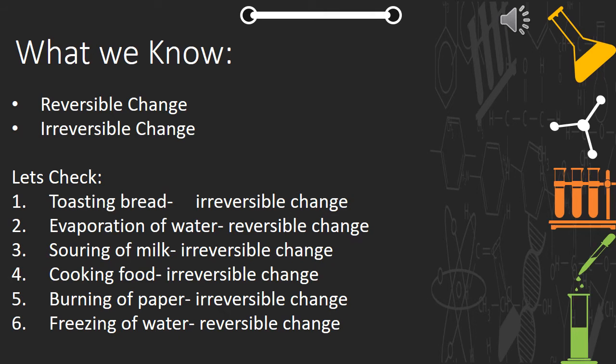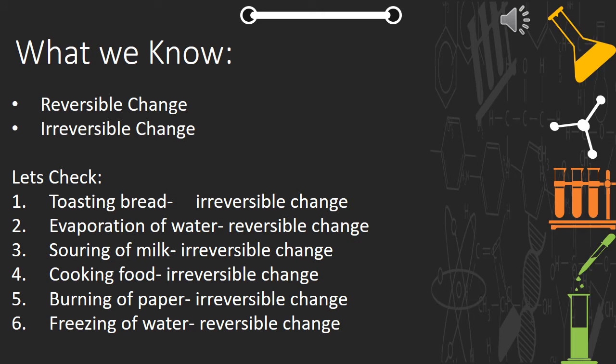Cooking of food, once food has been cooked, it's cooked. You won't get it back in a raw form. So it is again an irreversible change. Burning of paper gives rise to a new substance, that is ash, which cannot be converted back to paper. So irreversible change.